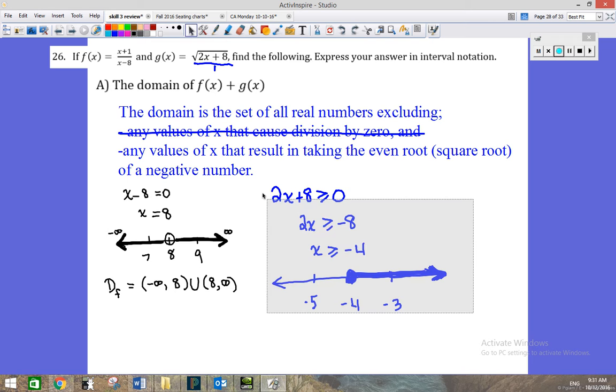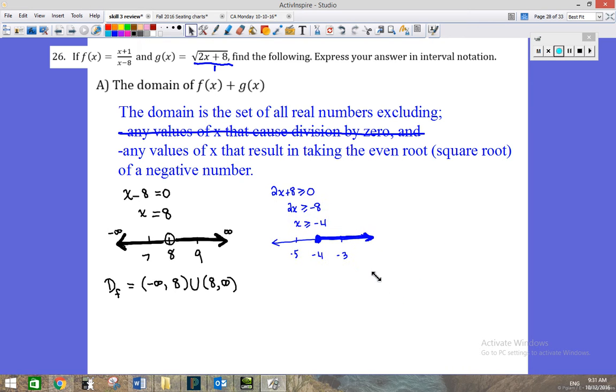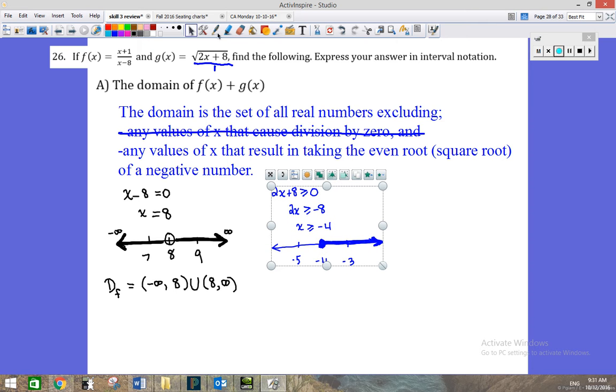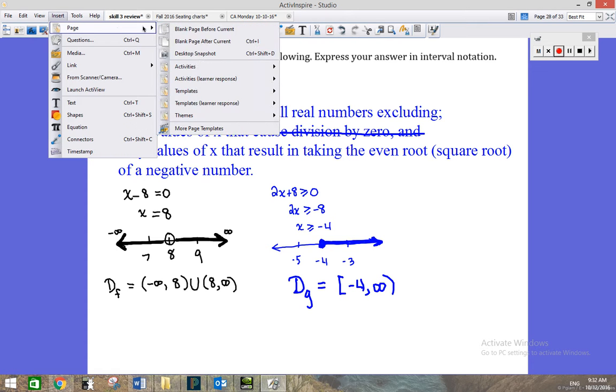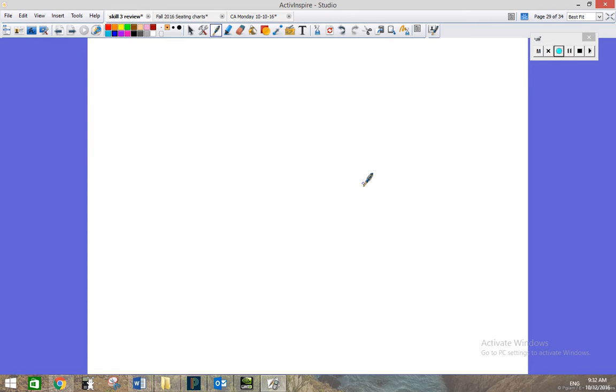So now I can use these two pictures to find my final answer for the domain of f plus g. So you might want to do this idea in the form of a picture with just 3 number lines.